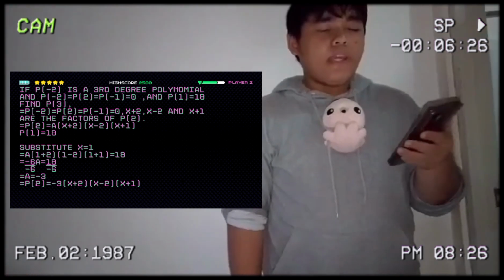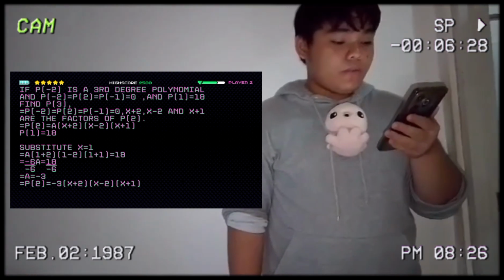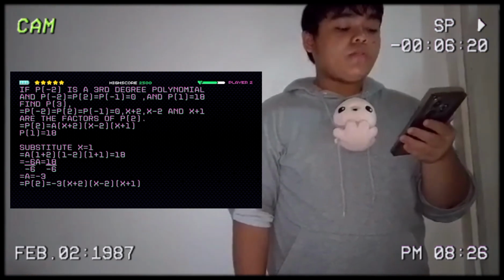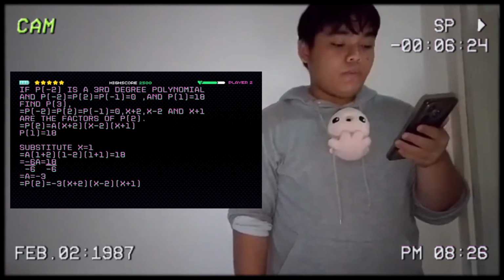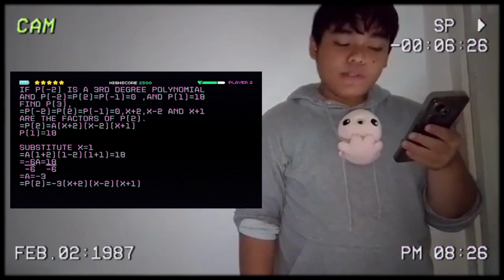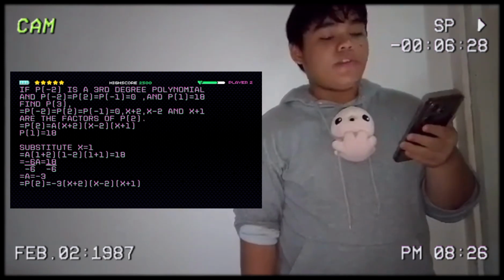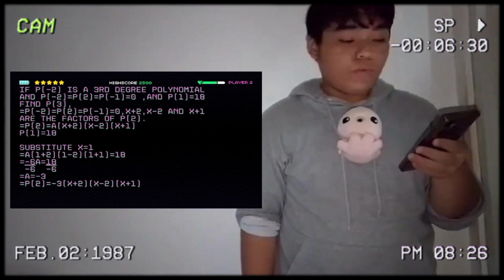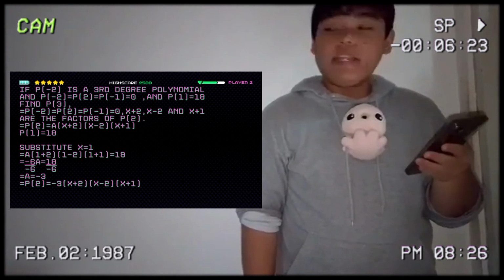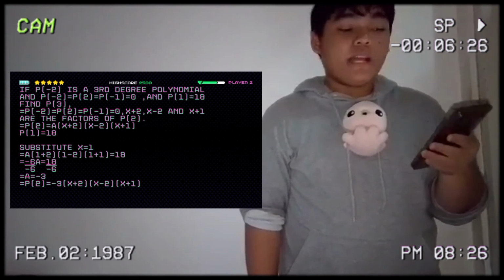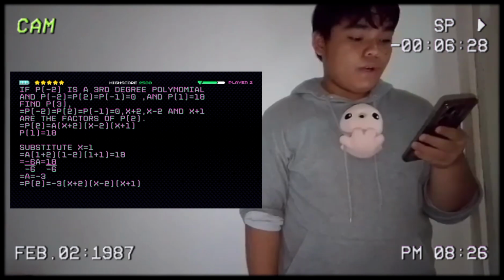So p of negative 2 is equal to p of positive 2 equals p of negative 1 equals 0. So x plus 2, x minus 2, and x plus 1 are the factors of p of x. So p of x is equal to a times x plus 2 times x minus 2 times x plus 1.